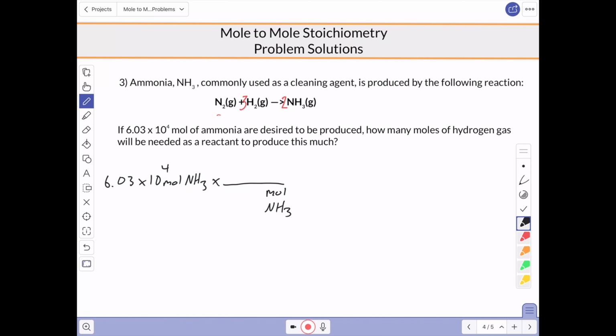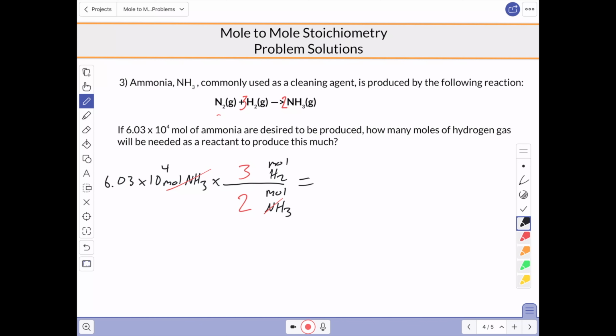Moles of NH3 must go on the bottom because that's what we need to cancel out. And the mole ratio we're going to use, again, is between ammonia and hydrogen. We know that for every 2 ammonias, there's 3 hydrogens. So every 2 moles of ammonia, there's 3 moles of hydrogen gas. And that's going to give us what we want.